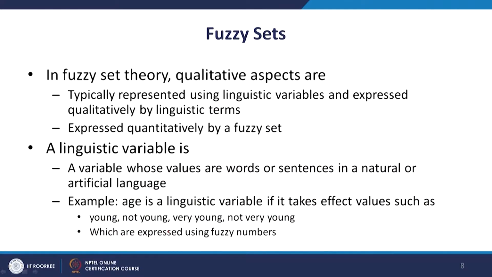In fuzzy set theory, qualitative aspects are typically represented using linguistic variables and expressed qualitatively using linguistic terms. We will talk about some examples of how this is done later in the lecture. These qualitative aspects are represented using linguistic variables, expressed qualitatively using linguistic terms, and quantitatively expressed by a fuzzy set.